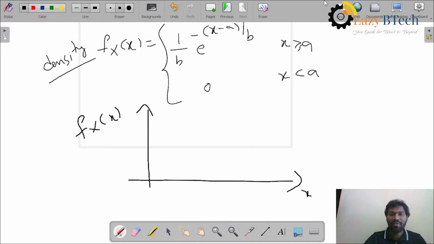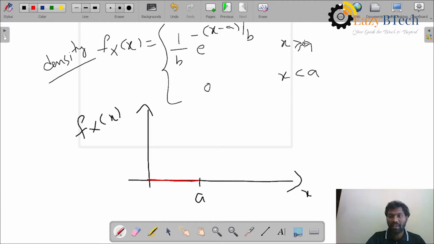Suppose I am assuming my a is here. According to the definition, for x less than a, it is always equal to 0, so from here up to a it is 0. For x greater than or equal to a, it has the expression.